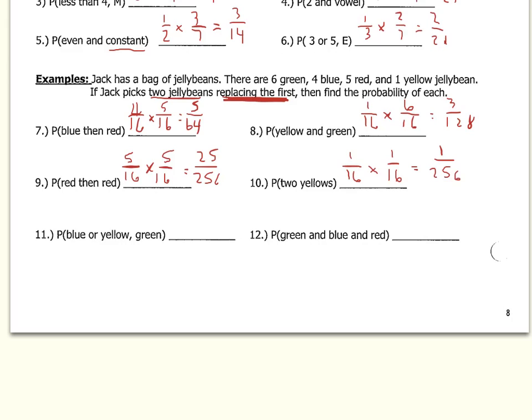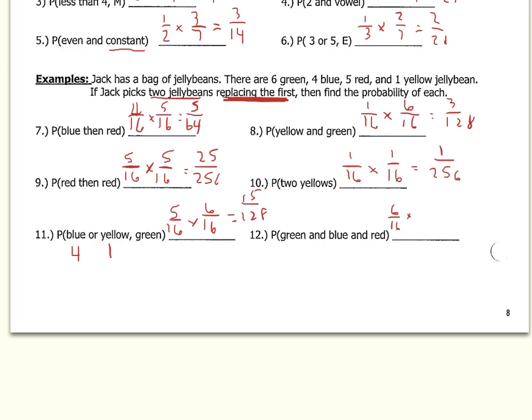Blue or yellow, so there's 4 blue, and we have 1 yellow, so that's 5/16. Green next is 6/16. So we multiply that, we're going to get 30 over 256, which reduces to 15 over 128. Green first, 6/16.